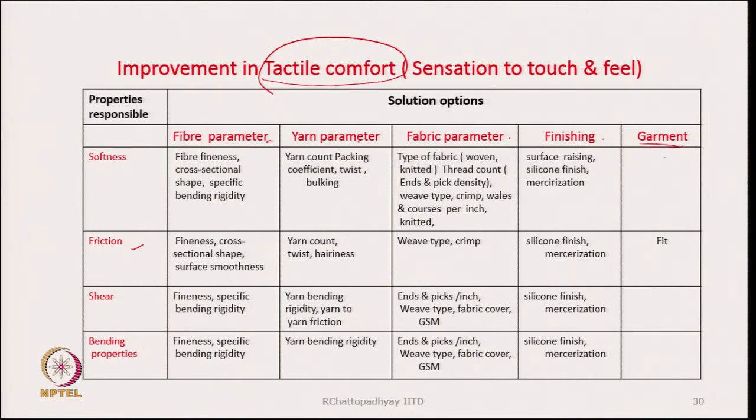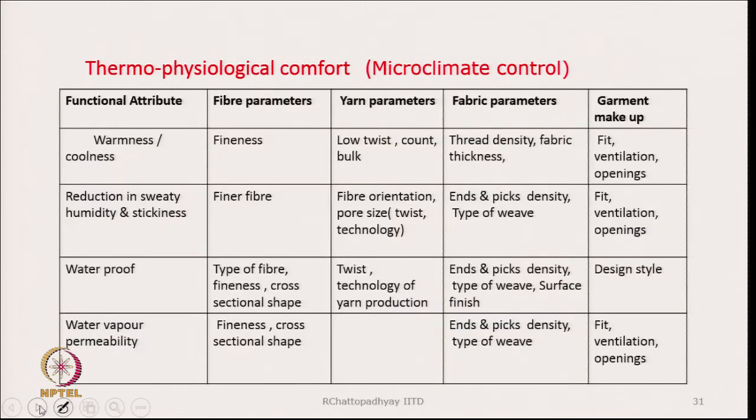Whatever is the reason, we must be aware of how the friction of a product can be changed by fiber, yarn, fabric and finishing techniques. So that we know these are the options that we have, and we can play with all those options one by one to make a change in the tactile comfort part.